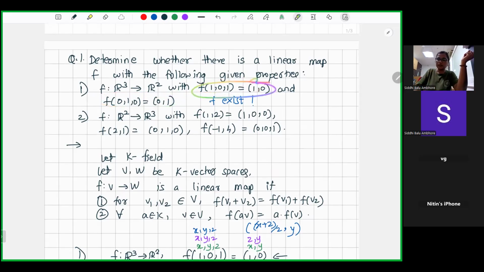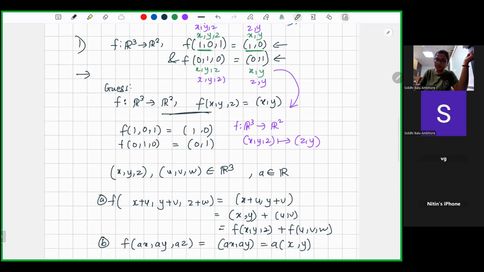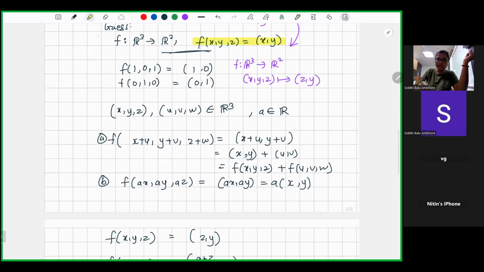Yes. Okay. So as long as 101 and 010 satisfy these two properties, my f could be anything, as long as it is linear. So for example, the way we define this f here, we actually proved that yes, this f satisfies the linear property. This f of x y z, and f of x y z plus u v w, and this one.